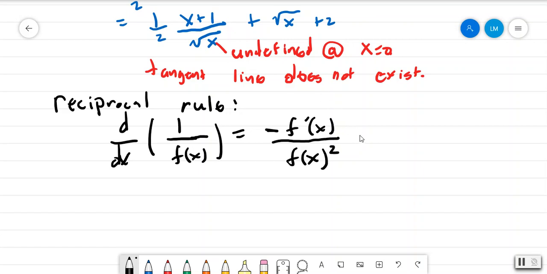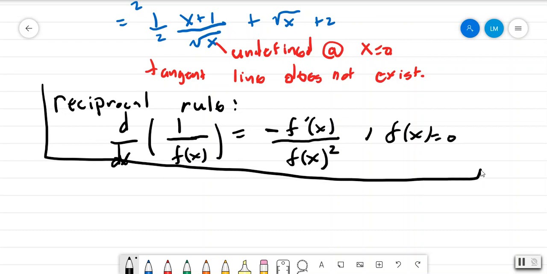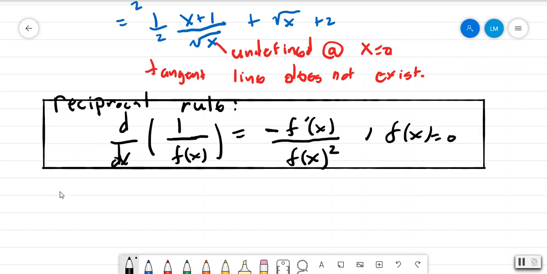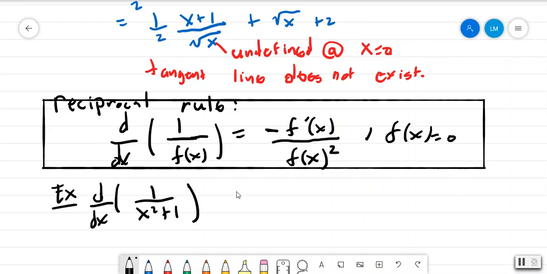Okay, now, and again, this is provided that f of x is not equal to 0. Now, there is a way that we can apply the reciprocal rule. Such as if we were to take the derivative of 1 divided by x squared plus 1, well, this is very easy because the reciprocal rule says square the bottom and then just take the derivative of the denominator on top.